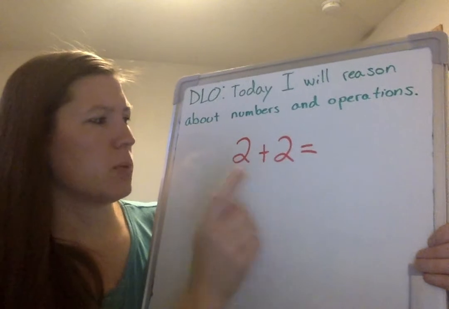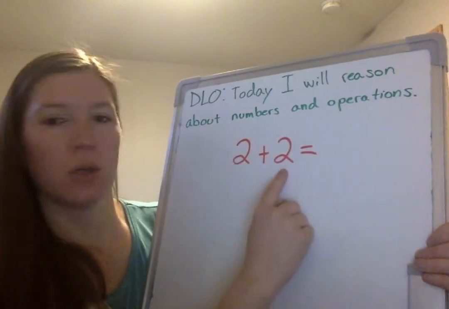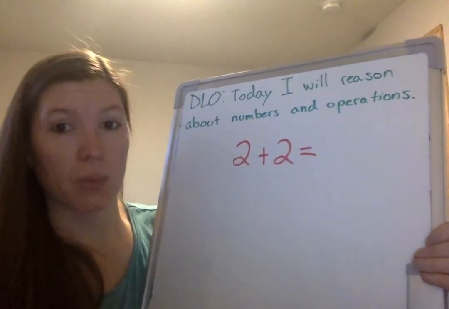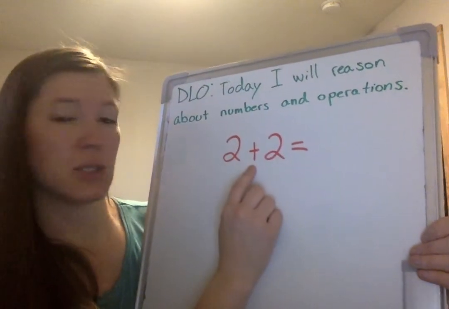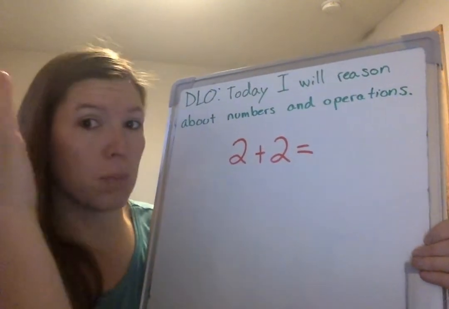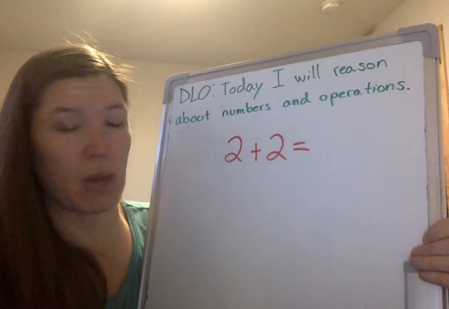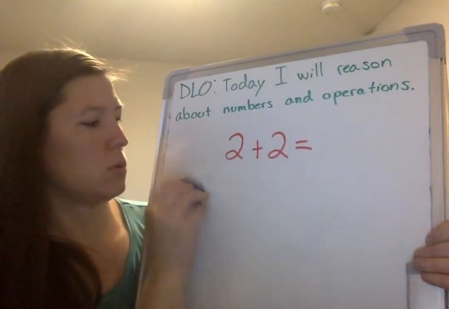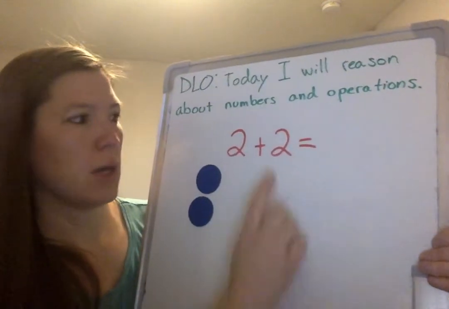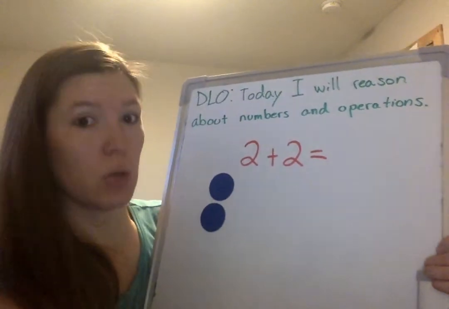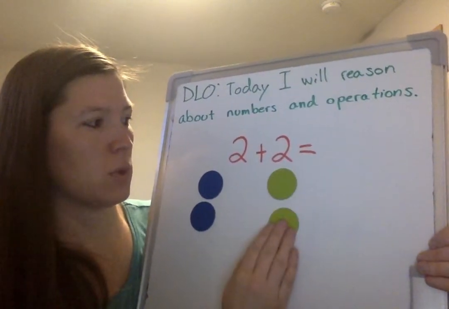So my numbers are 2 and 2. What's my operation here? Plus. Plus means we're getting more. So I'm just going to use my magnets first. 2 is the first group. How many are in the next group? 2. So I'll use a different color.